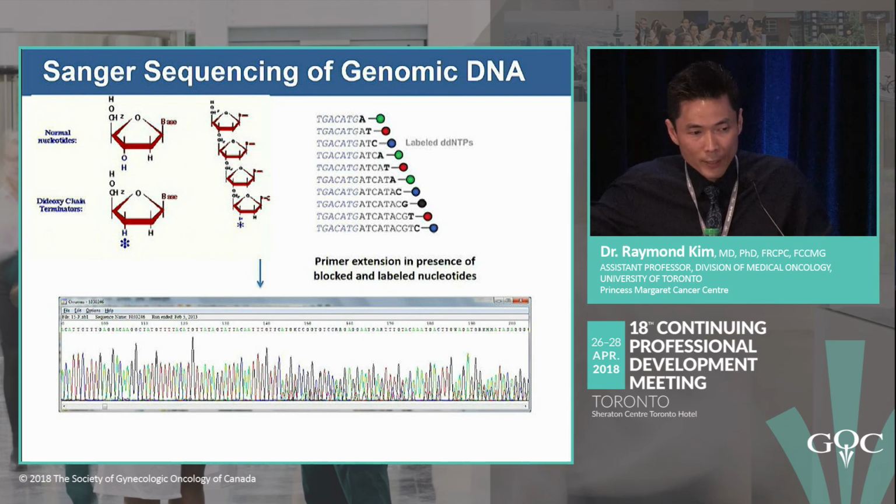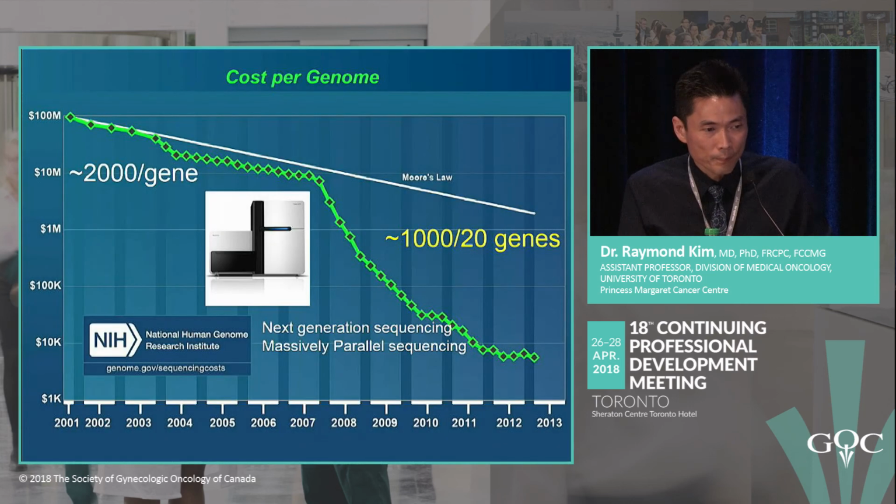That's what Sanger had developed. And then you get these chromatographs, and you can infer the actual bases by the synthetic nucleotide. So that was the predominant way most people did sequencing.